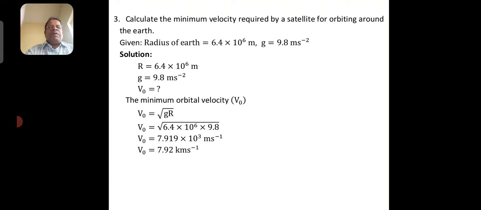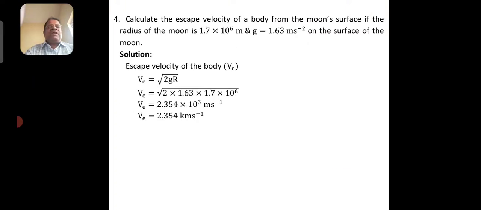The minimum orbital velocity required by a satellite for orbiting around the Earth is V0 equals root gr. Substitute the value of g, substitute the value of r, we get 7.92 km per second. Now, go through the fourth problem.